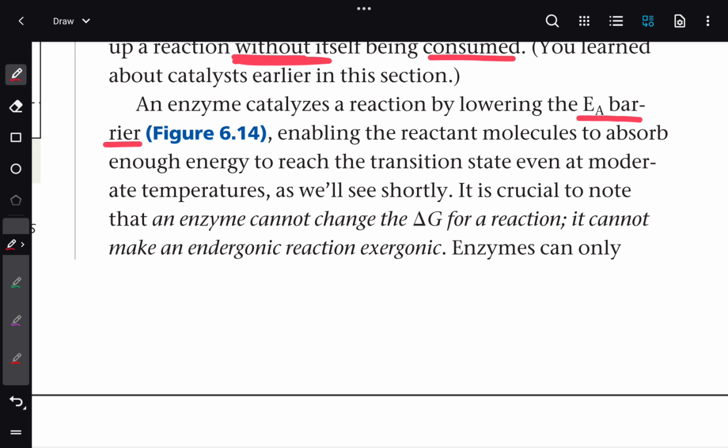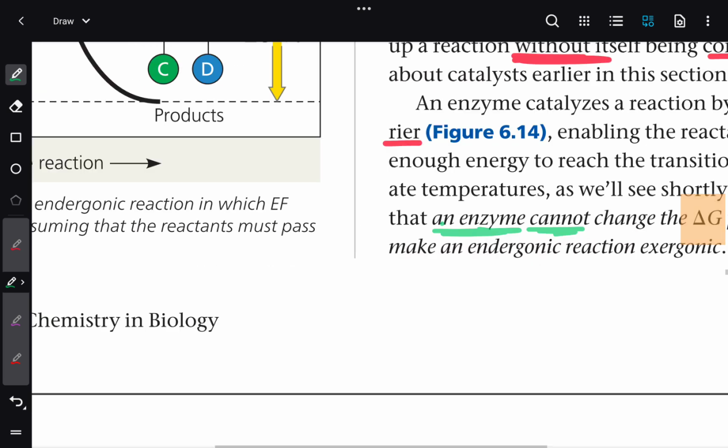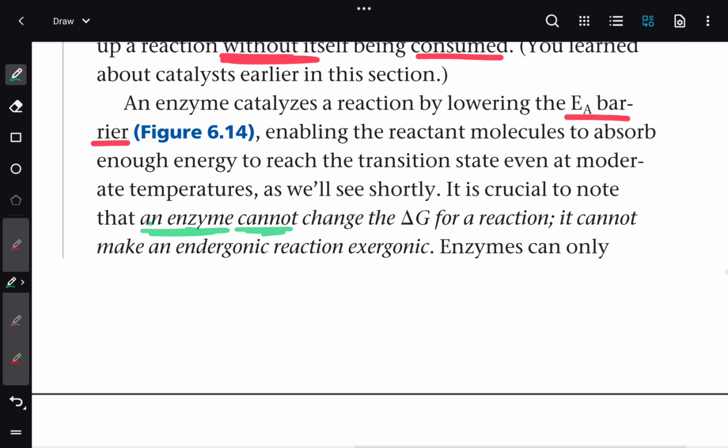Now, it's crucial to note that an enzyme cannot change the delta G, the delta free energy, for a reaction. It cannot make an endergonic reaction exergonic. That's logical, but that's a very important idea.